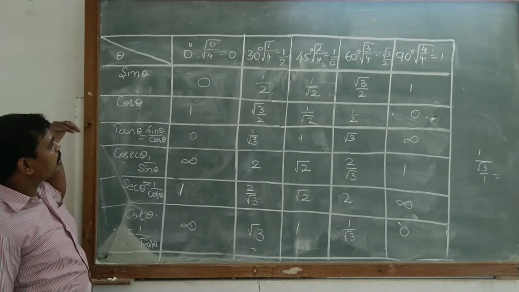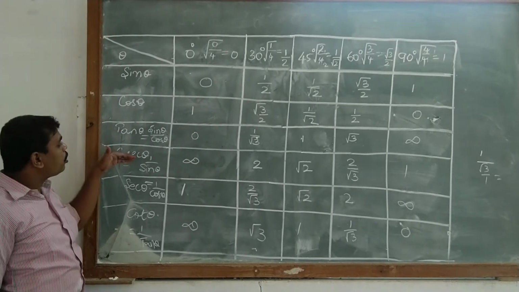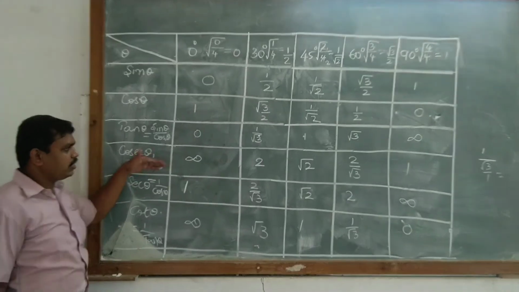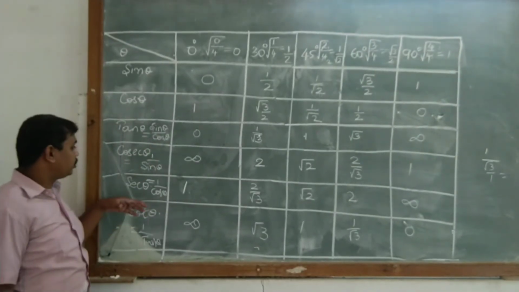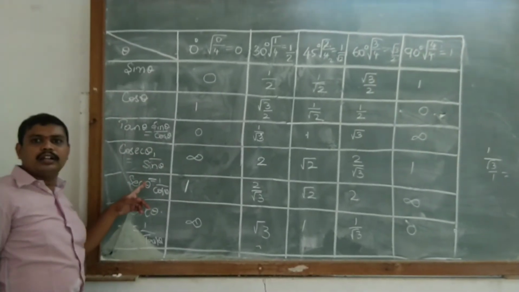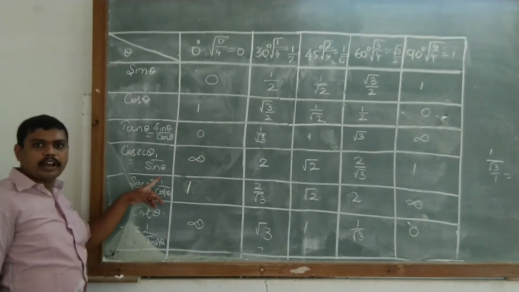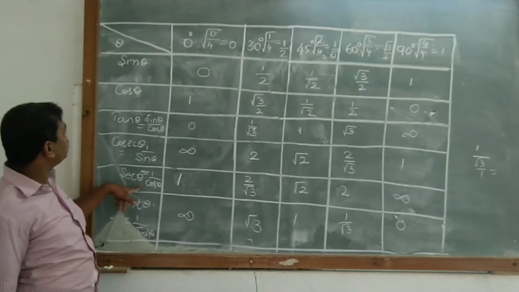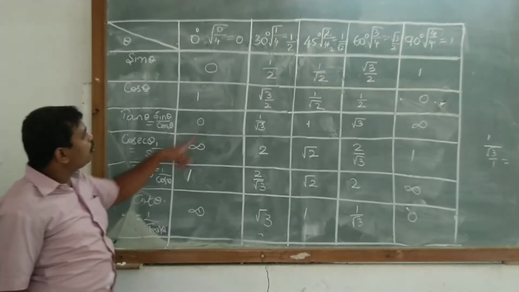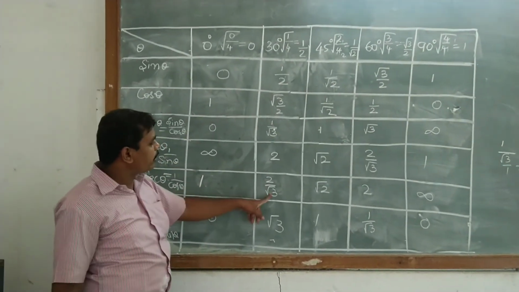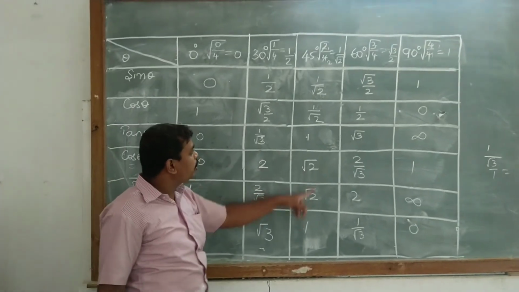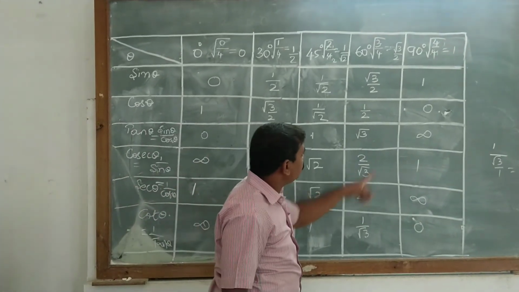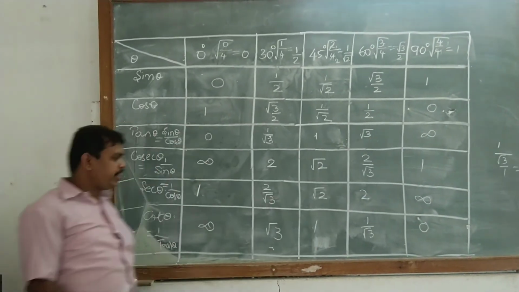Whereas coming to the cosecant values, we have taken 1 by sin theta, that is how you have obtained these values. Then next coming to the secant theta, you have 1 by cos theta. 1 by 1 is 1. 1 by root 3 by 2 is 2 by root 3. That is root 2. And then next 1 by 1 by 2 is 2. 1 by 0 is infinity.